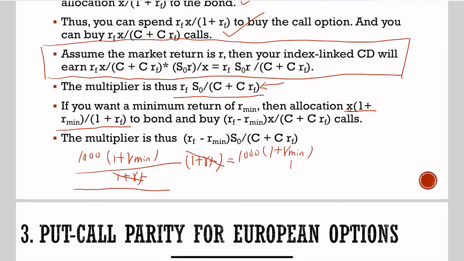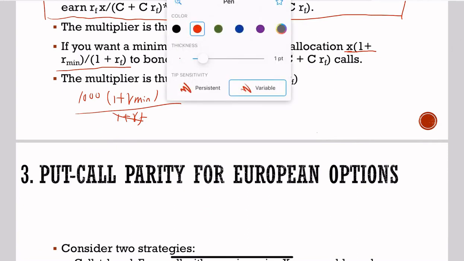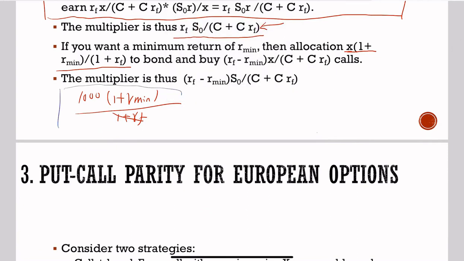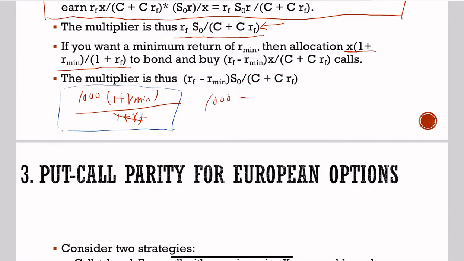And you can see that this is just your guaranteed return. And of course, the amount to allocate into your bond is 1000 minus 1000 times 1 plus R min divided by 1 plus RF.